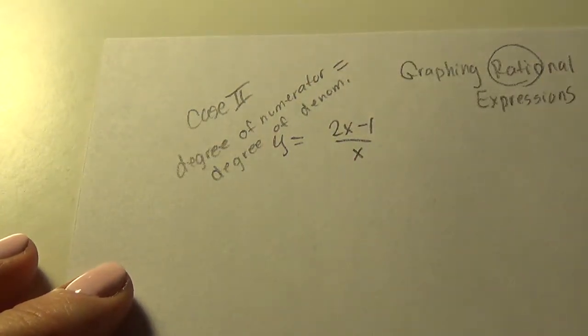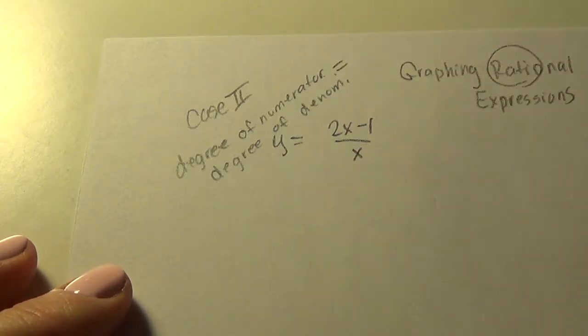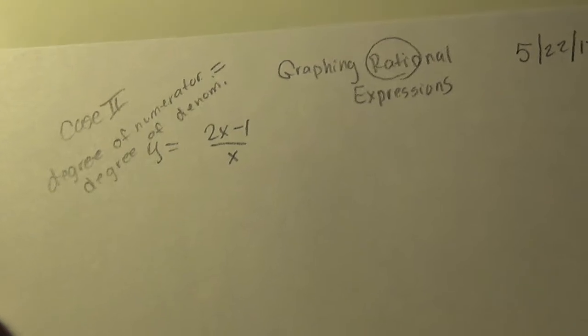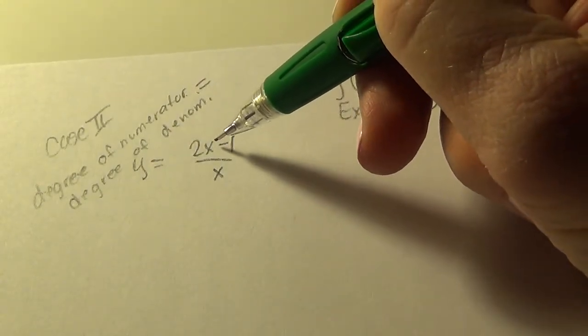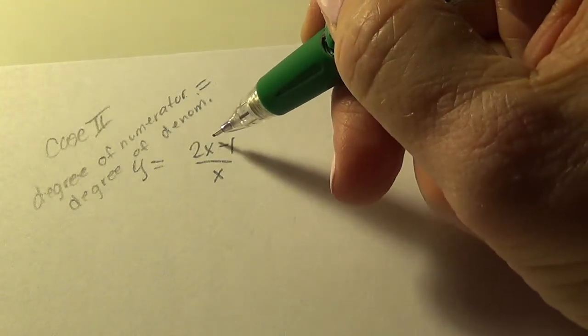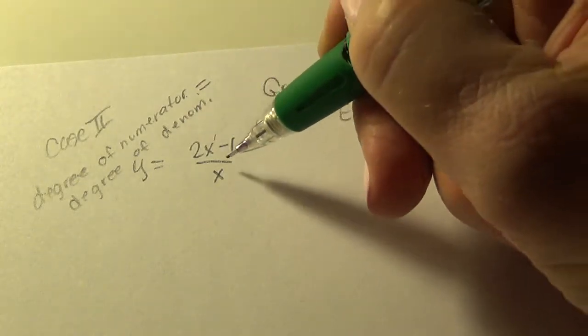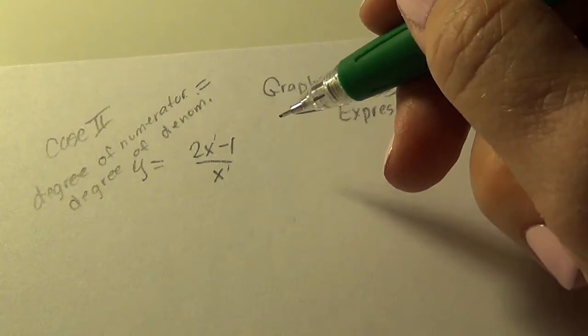So, case 1, you'll recall the degree of the numerator was less than the degree of the denominator. The degree is the exponent of the greatest exponent in the numerator, which is 1, and the greatest exponent in the denominator is 1. So they have the same. The degree of the numerator is equal to the degree of the denominator, so we are clearly in case 2.